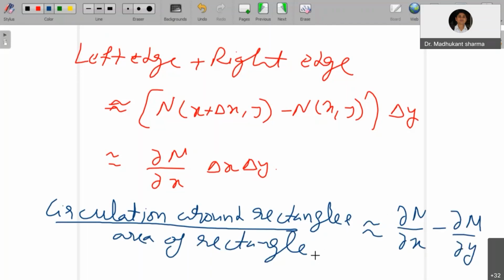And if you apply the limit delta x and delta y tends to 0, that will define the circulation density of F at x comma y.